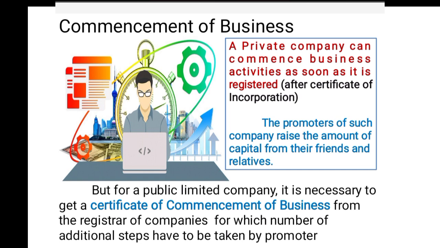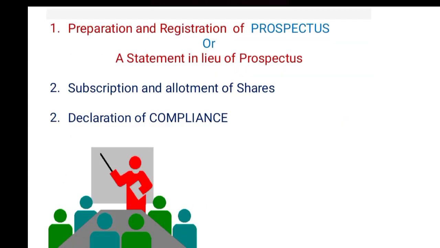So the first point will be preparation and registration of prospectus. Here we will understand what is a prospectus or a statement in lieu of prospectus. Third point is subscription and allotment of shares, and fourth point is declaration of compliance.